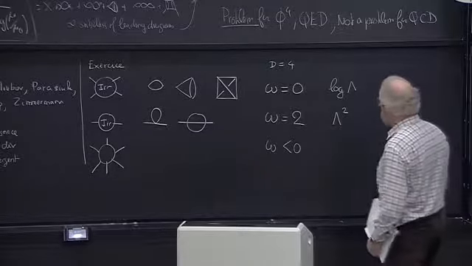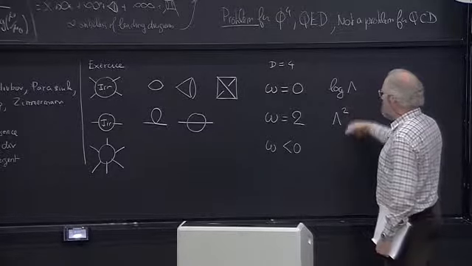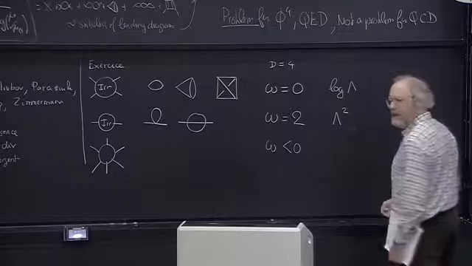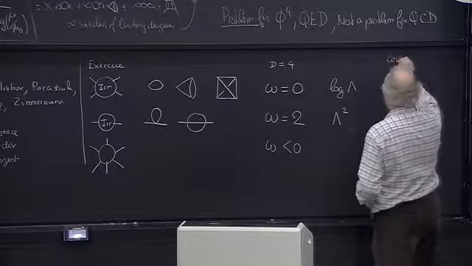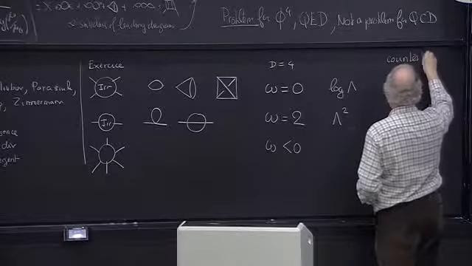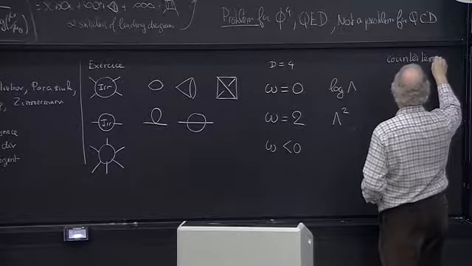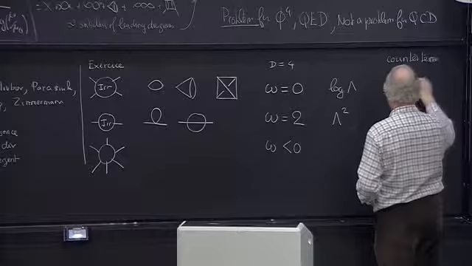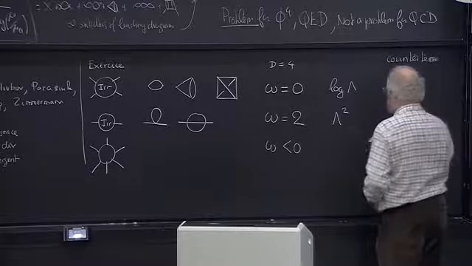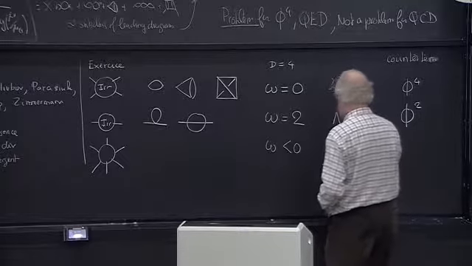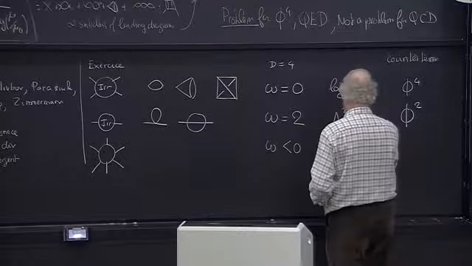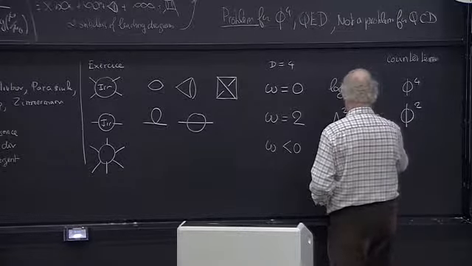Okay. So this means that in d equals 4, basically, you expect that you have to change the action to introduce counter terms proportional to phi 4 and phi squared term. Well, in fact, the fact that there is log squares means that you may also have divergence like p squared log of lambda.